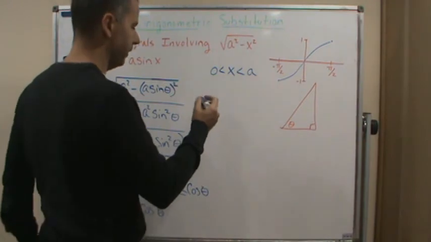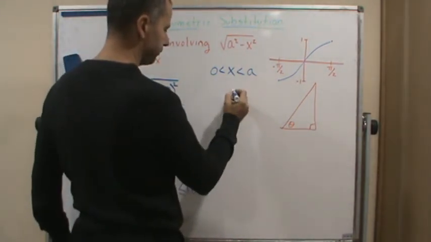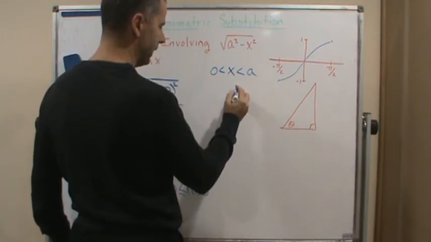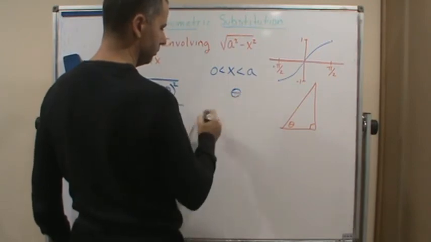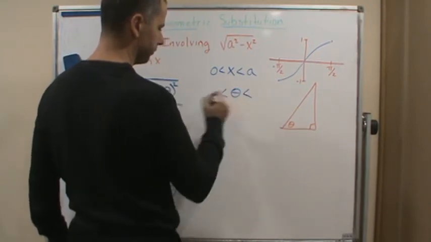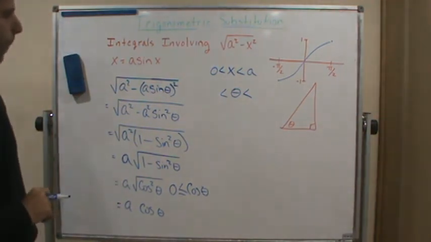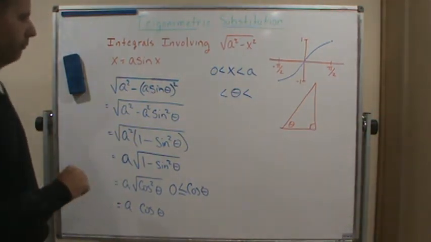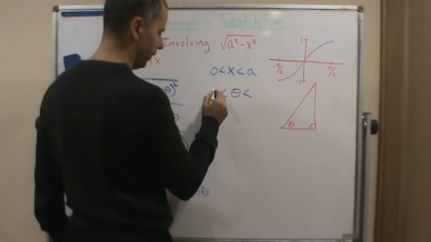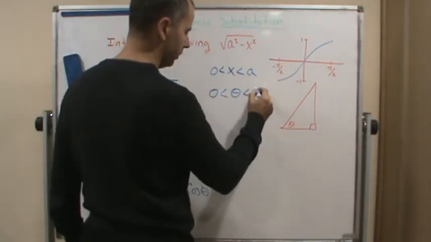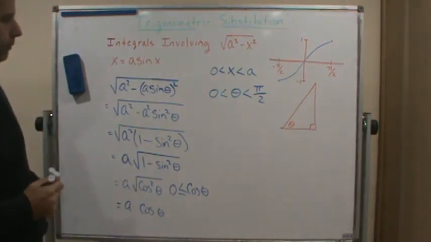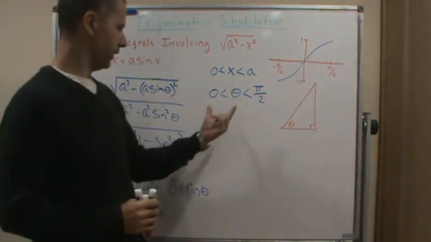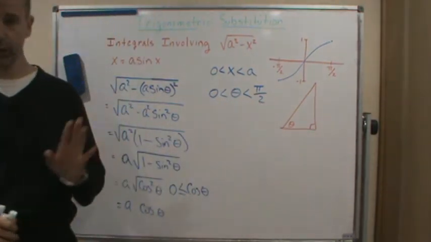That would mean that theta is going to be from 0 to pi over 2. So this is the interval that we're looking for theta.